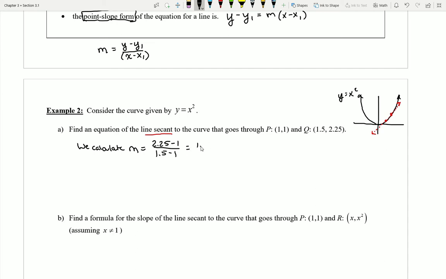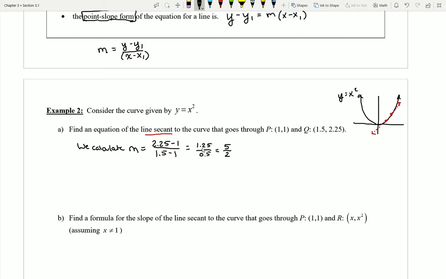So this is going to give me 1.25 over 0.5. If you were to crunch that out in the calculator, you'd see this is a pretty simple value. This is actually just going to be 5 halves. It's 2.5. Notice you need 2.5 0.5s to end up making up a 1.25. So that's where that's coming from.